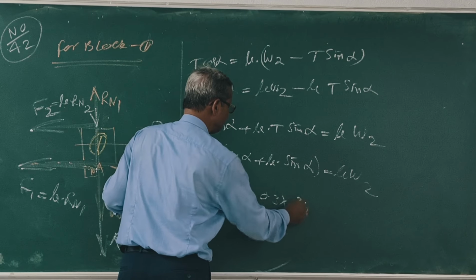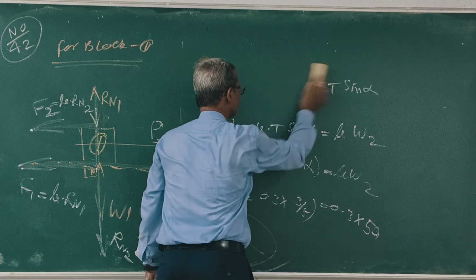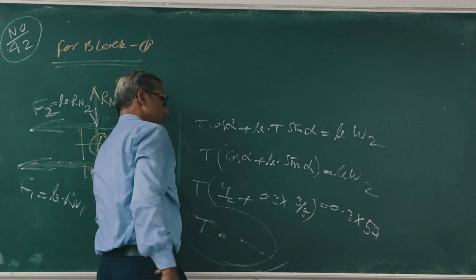Clear? Now what is Rn2? From equation 1, what is Rn2?